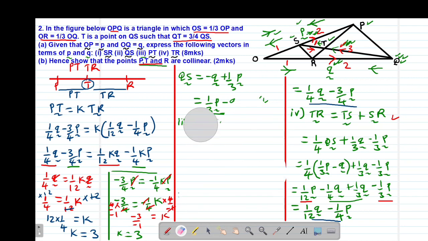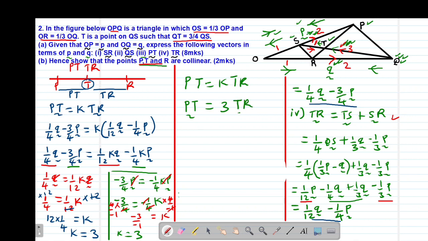Now once you get the value of k, you simply rewrite the equation that you had. Remember our equation, we had said that we are letting pt to be equivalent to ktr. But because we have already found the value of k, it means that the vector pt will be equal to 3tr. So we have proved that pt and tr are scalar multiples of the other.